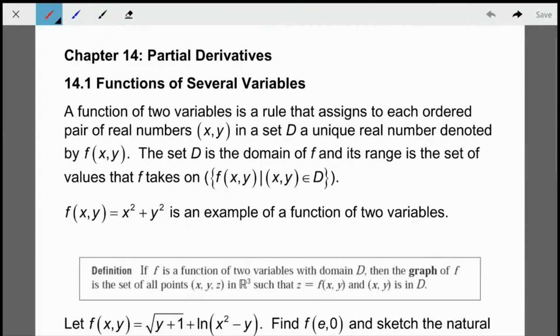Okay, so the first thing we need to talk about is the domain. When we specify a domain in a multivariable situation, we're going to be specifying the values for all of the independent variables. So all possible values for the independent variables, typically the x and the y. And then when we talk about the range, that would be talking about the values of the function itself.